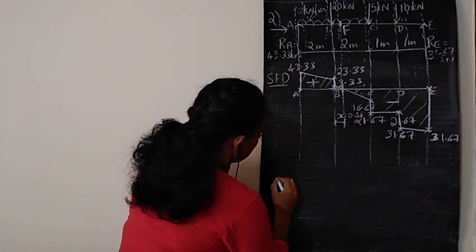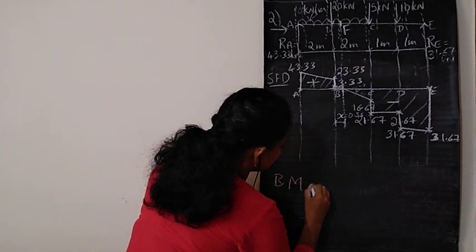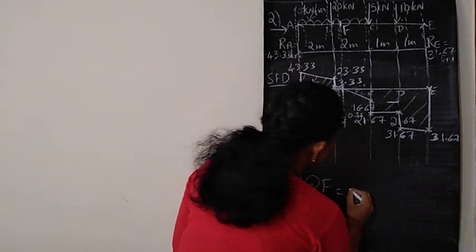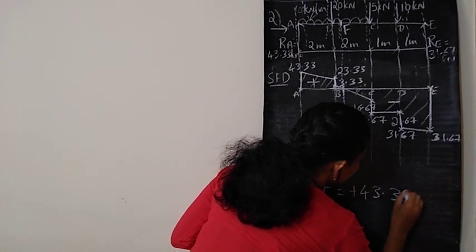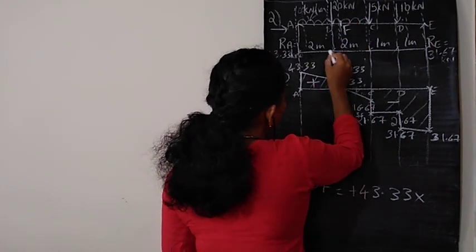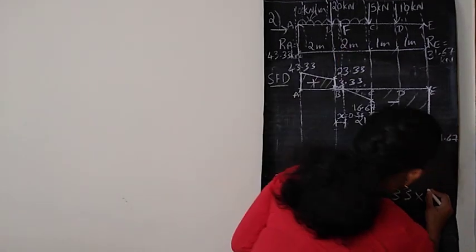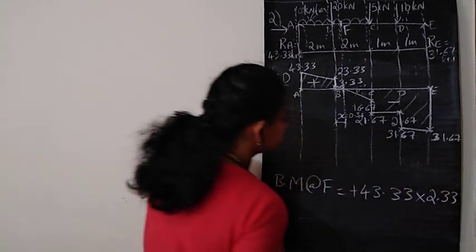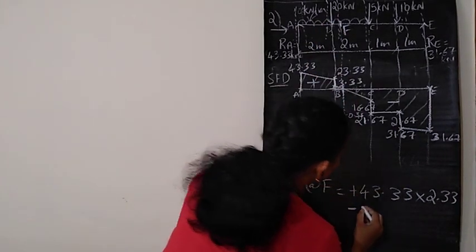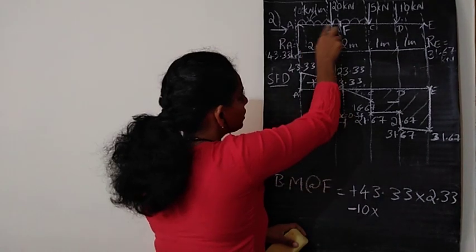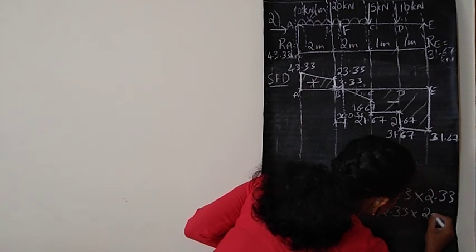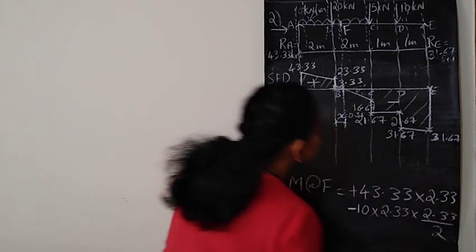So bending moment at F. First, what is this distance? Plus 43.33 into your distance up to this point, that is F. That will be 2 plus 0.33, that is 2.33. Then consider UDL up to that point, that is minus 10 into, directly consider total UDL, that is 2.33, and distance will be 2.33 by 2.